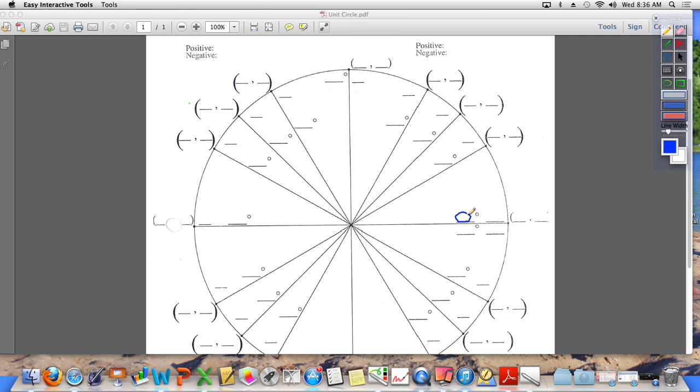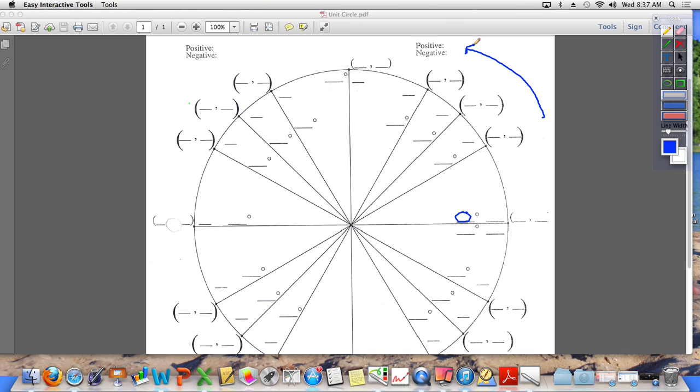We call that 0 degrees. And if you rotate around the circle in a counterclockwise direction, in other words, if you are headed this way around the circle, you are moving in a positive direction.